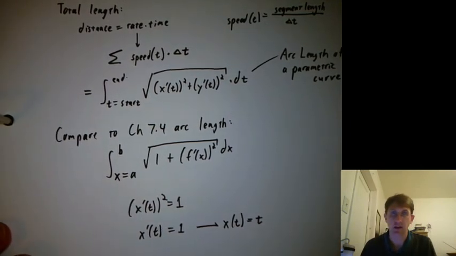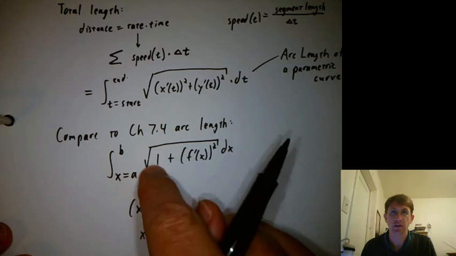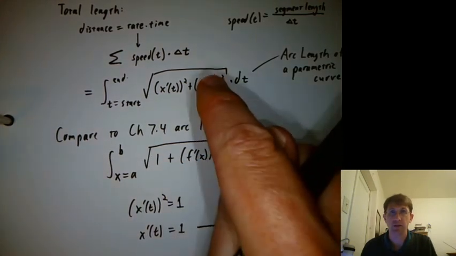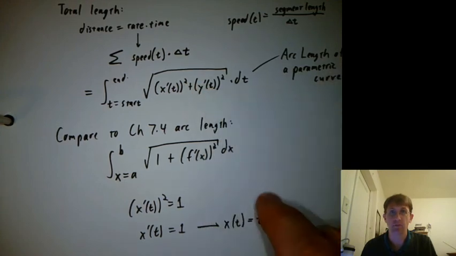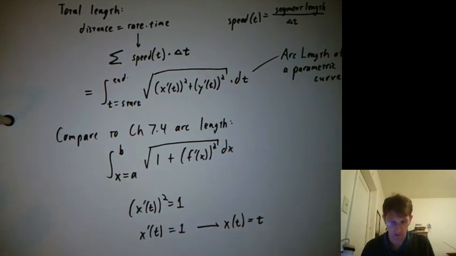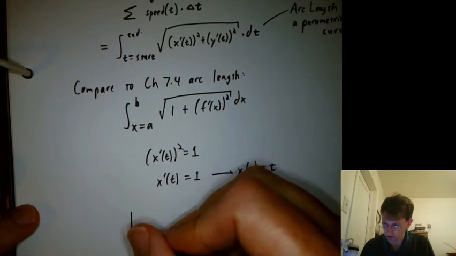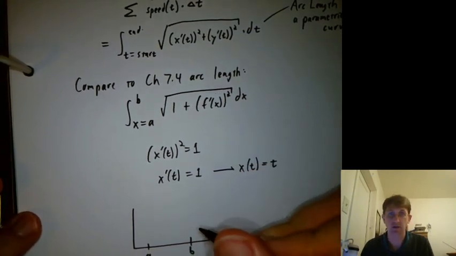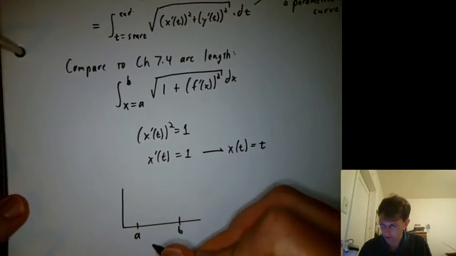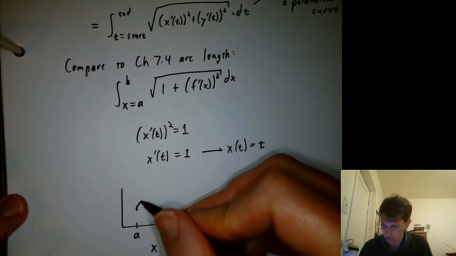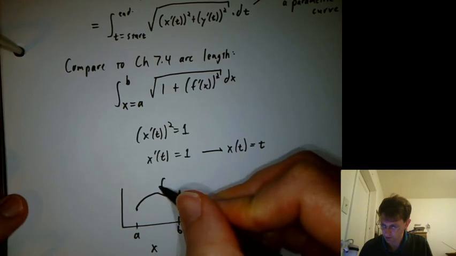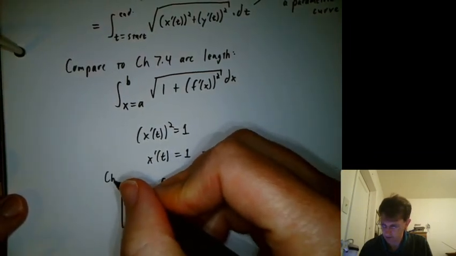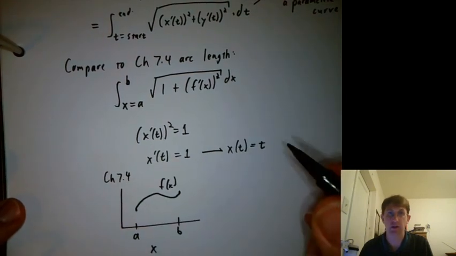So this is saying that our traditional arc length formula based on non-parametric formulas is basically our parametric formula, but just letting x of t equal t. So we can diagram it here. We had x going from a to b, and we might have something like this, and this was f of x. This is the chapter 7.4 point of view.